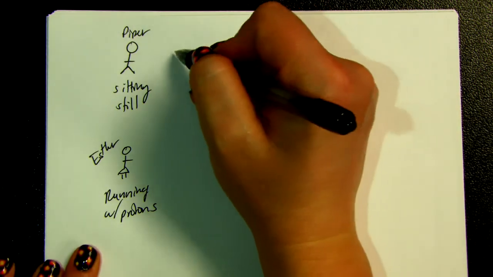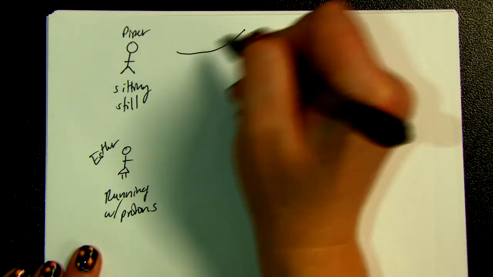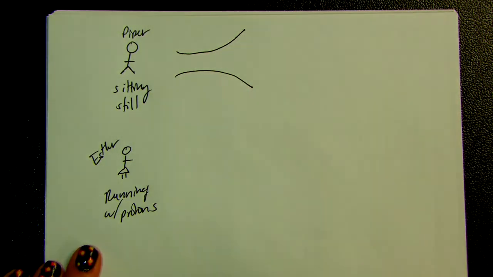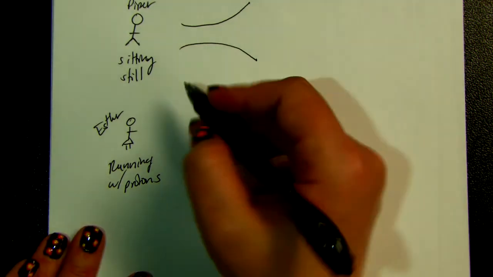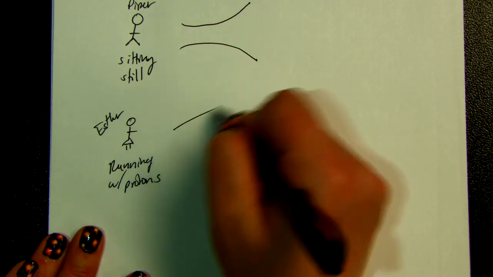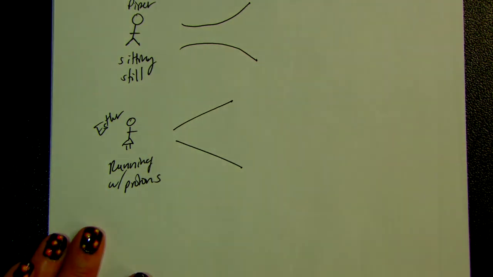So what Piper is going to see is this curving motion as they go up towards the ceiling. So he's going to view the curving paths, and the force is somewhat weakened from the magnetic force. Whereas Esther, because she's running with them, is just going to see straight lines. So she sees the protons repel in straight lines.